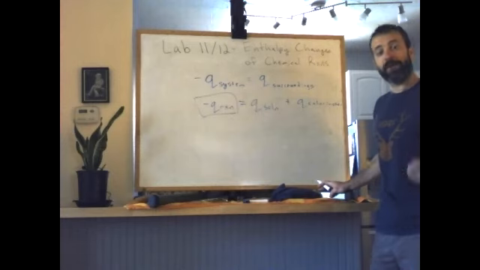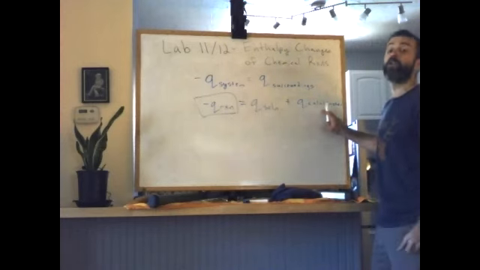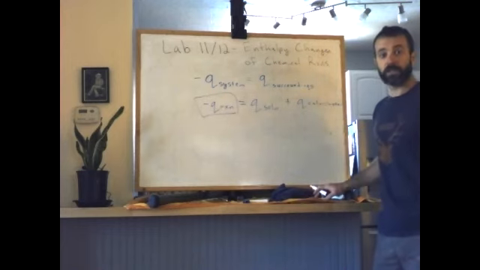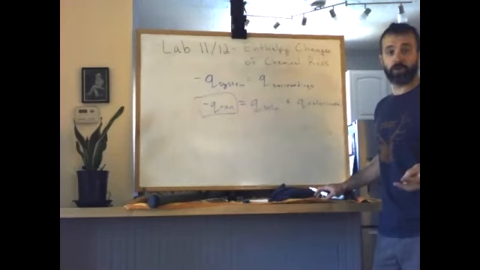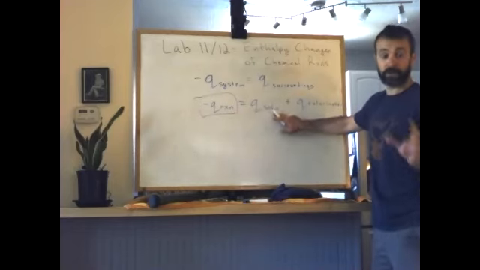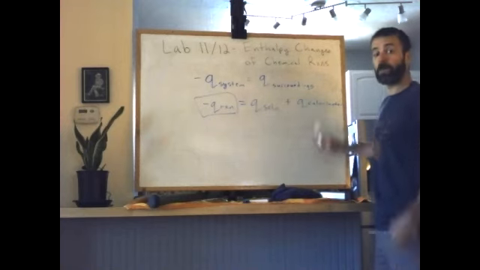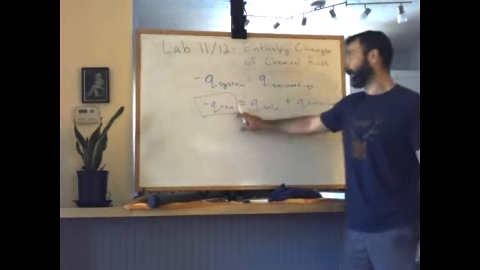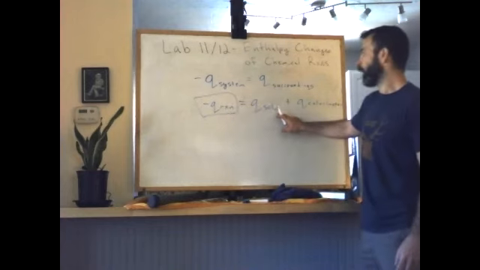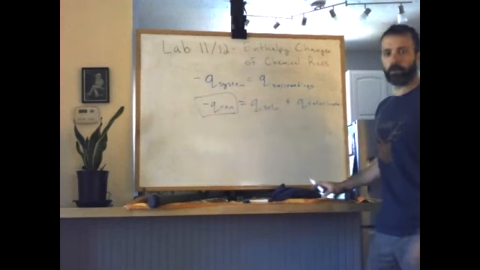Part 1, we have to find the heat capacity of the calorimeter so we can include it in our calculations. Part 2, we're looking at heat of solution. We need to look at the heat gained or lost by the solution itself, but also the heat gained or lost by the calorimeter. Part 3, we're studying a neutralization reaction by watching the heat absorbed or released by the solution and the calorimeter itself.